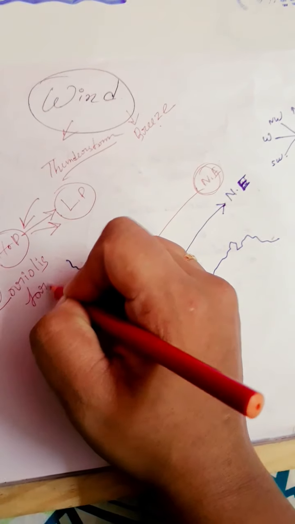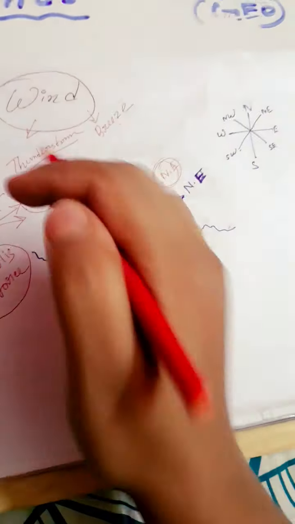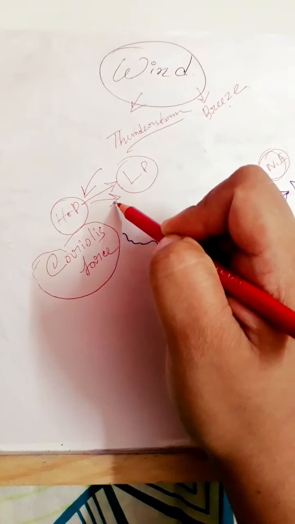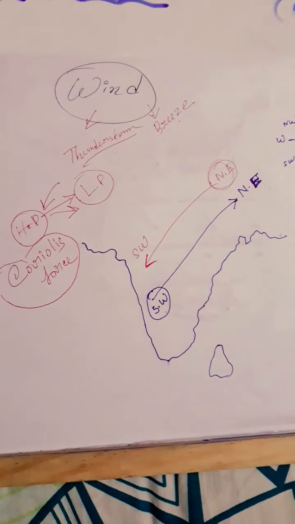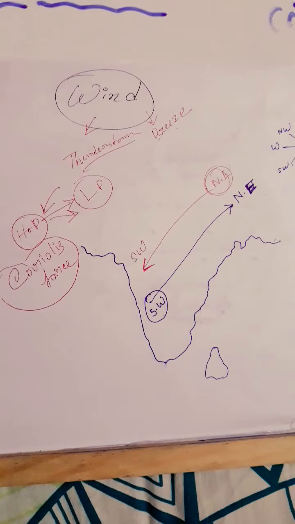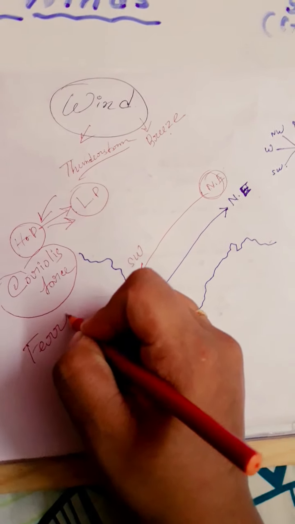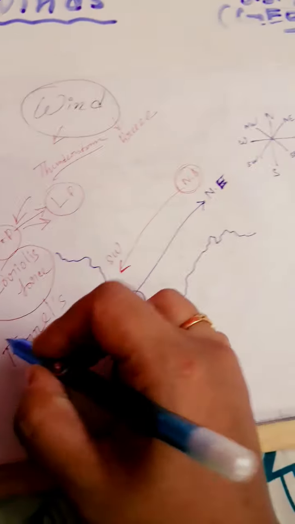Coriolis force. So when the wind is not blown in a straight manner and it is deflected or turned aside, this force is known as Coriolis force. Understand? This deflection is explained by Ferrel's law. Very important it is.